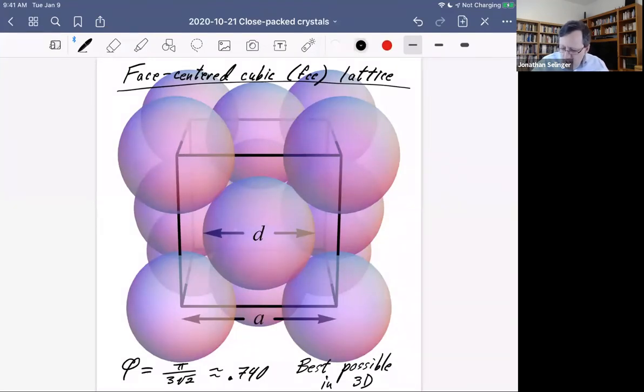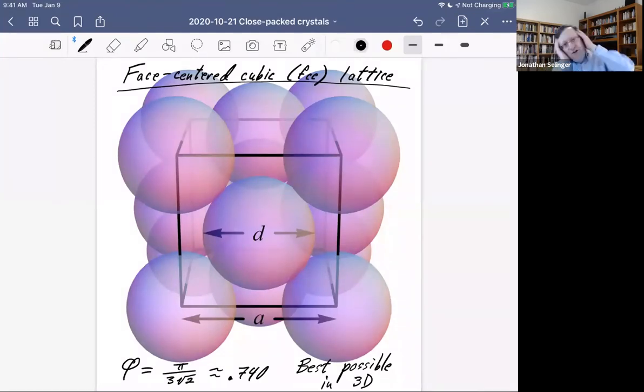So if you have particles that interact with spherically symmetric interactions, you are likely to get a face-centered cubic, FCC, lattice of such particles. Now, one way to understand why this structure is so good in 3D is that we can tilt the structure on its side.